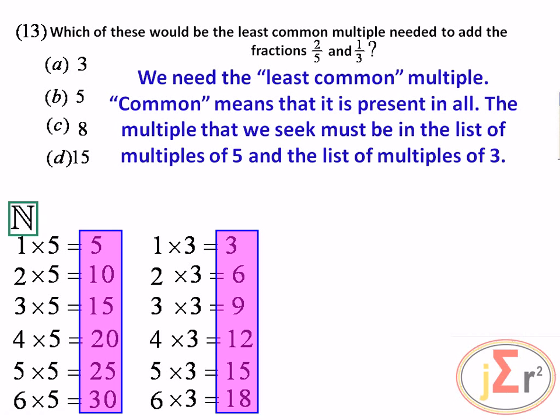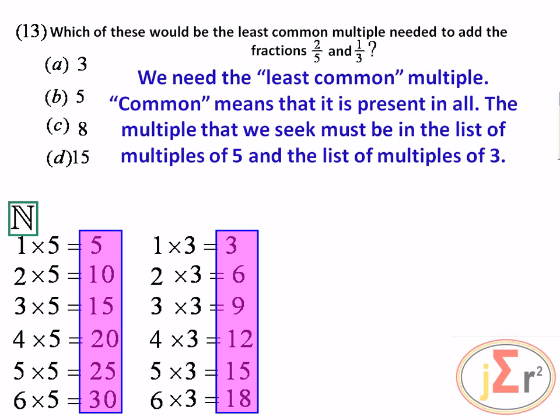That means 15 is a common multiple of 3 and 5. But is 15 the least or the lowest common multiple of 3 and 5? Yes, it is. It is because there is no other number that is in the list of multiples of 5 and 3 that is smaller than 15.